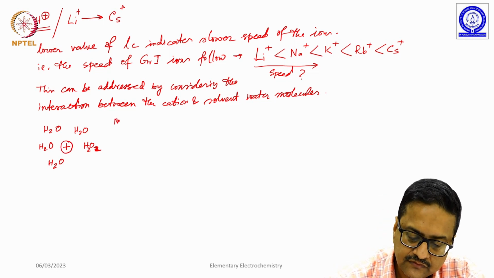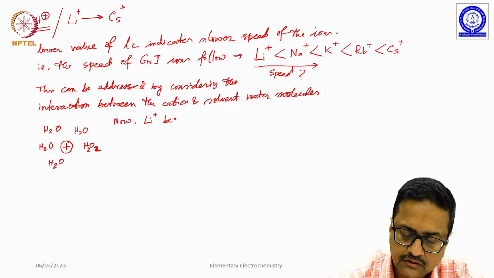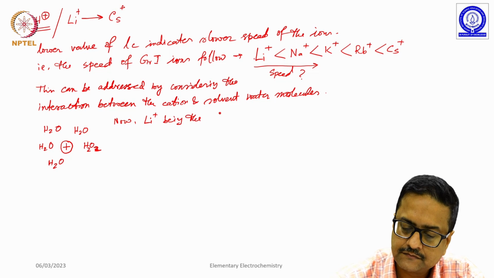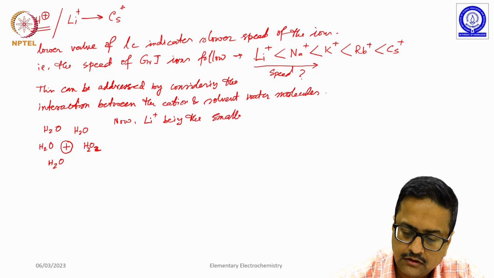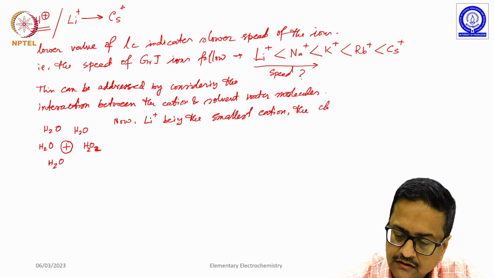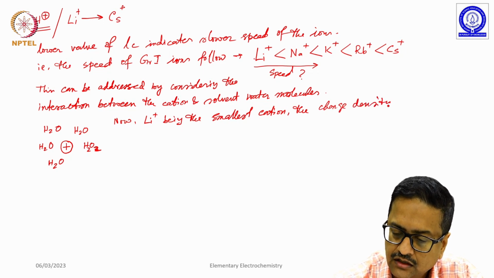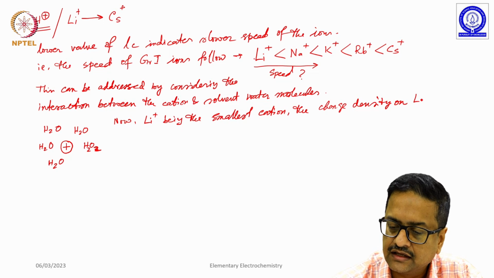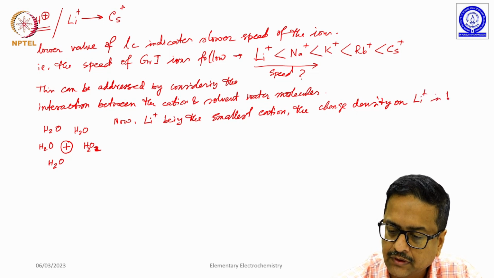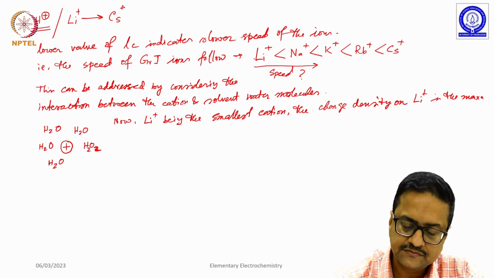So now Li plus, being the smallest cation among all these, the charge density on Li plus is the maximum among all these cations.